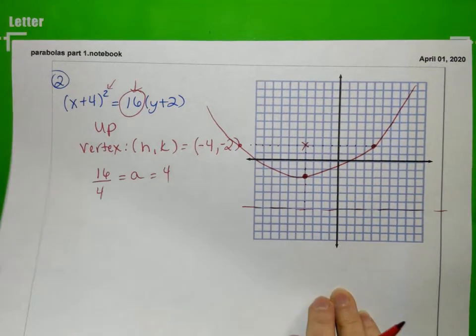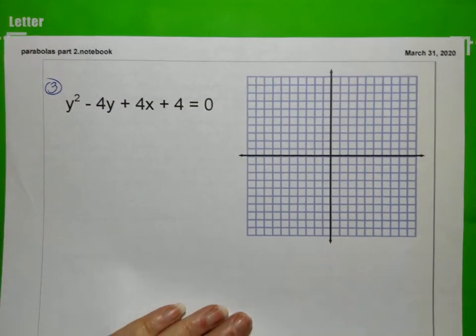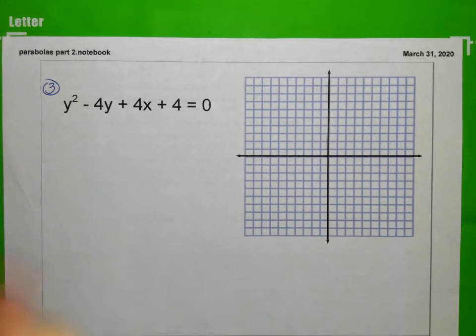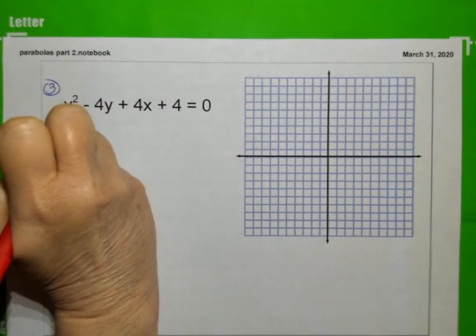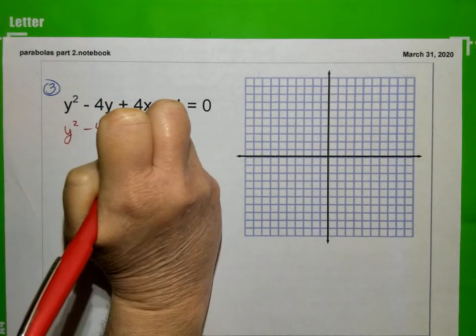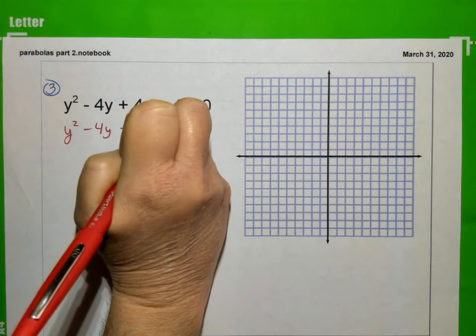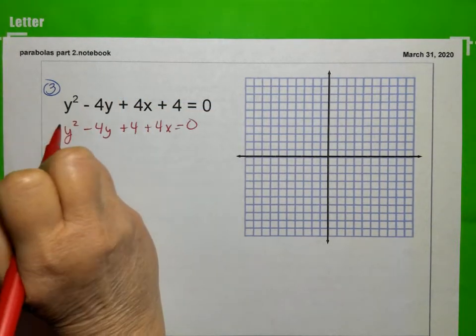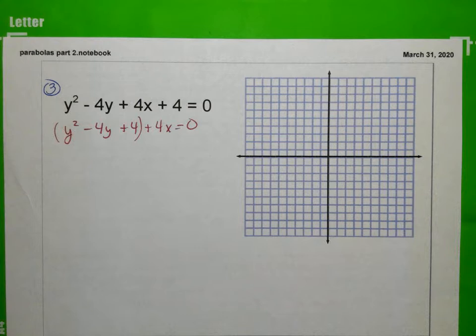Number 3. Now we have a challenge. My problem is this. It's not in the same format that I was in before, and that's because I have to move some things around. So if I move my equation around to look like this, y squared minus 4y plus 4 plus 4x equals 0, you might notice that I can factor that.